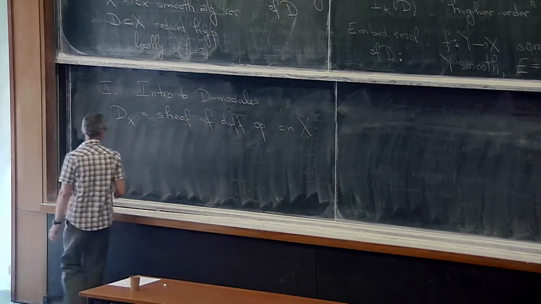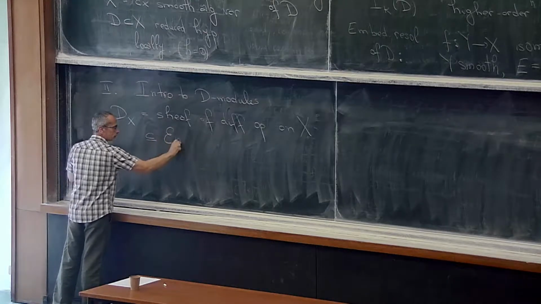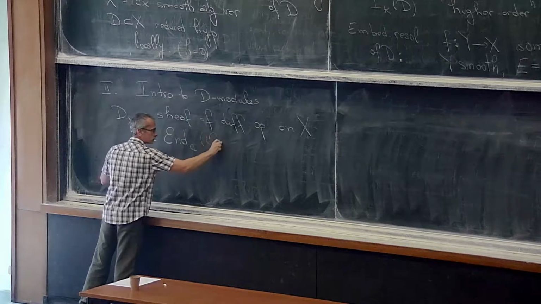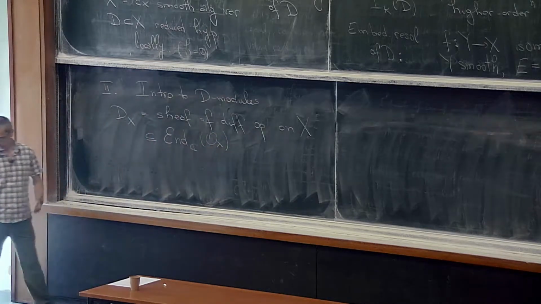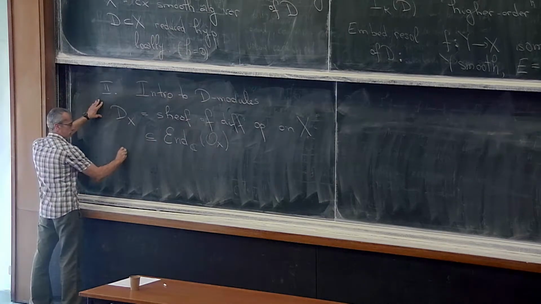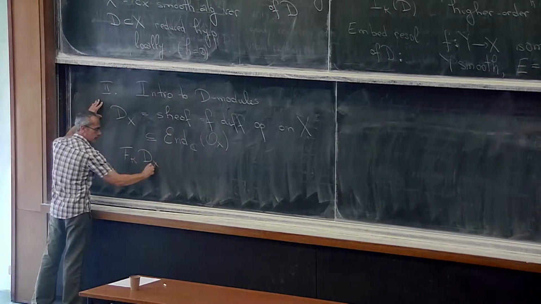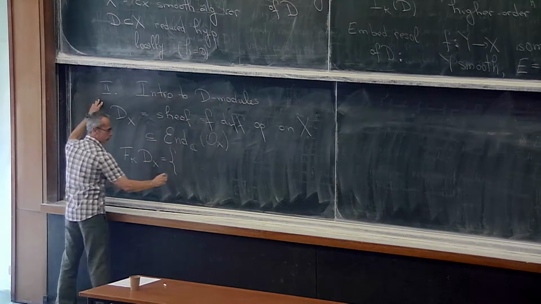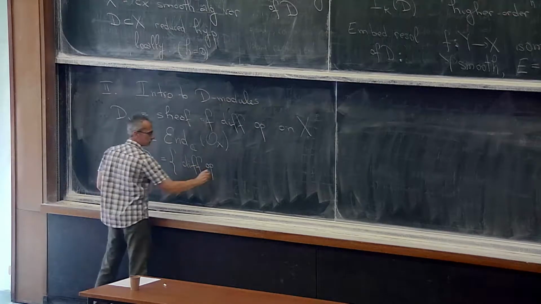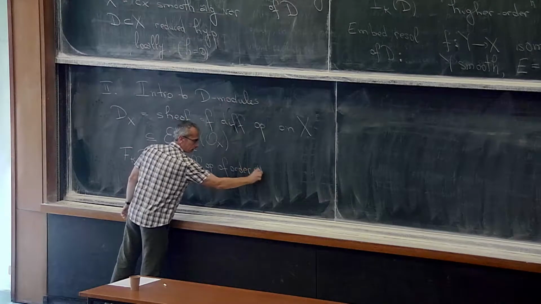So this is a subsheaf of the sheaf of linear operators over the complex numbers from OX to itself. All right, so it comes with a filtration given by the order of differential operators. So these are differential operators of order less or equal than k.